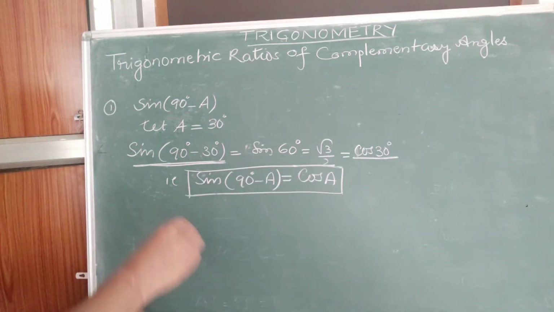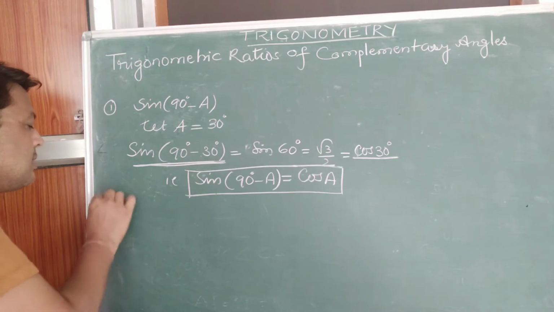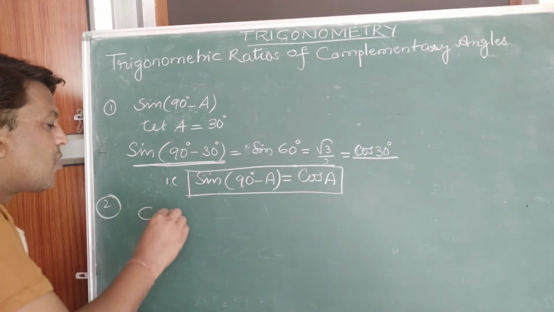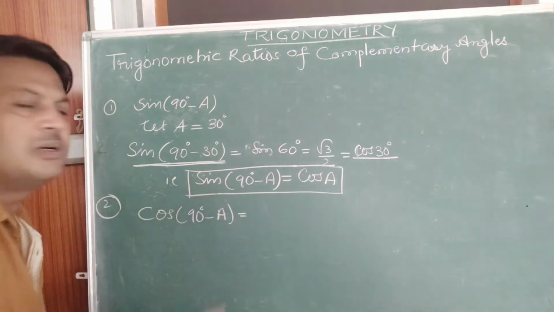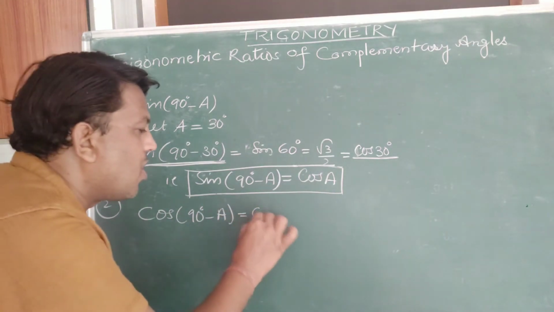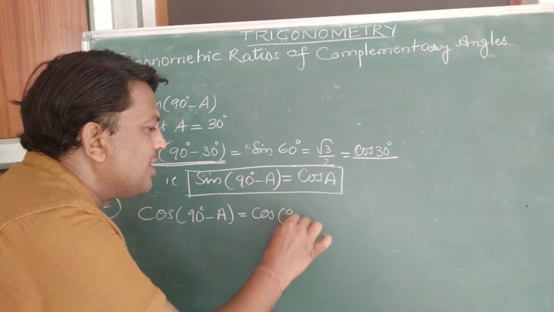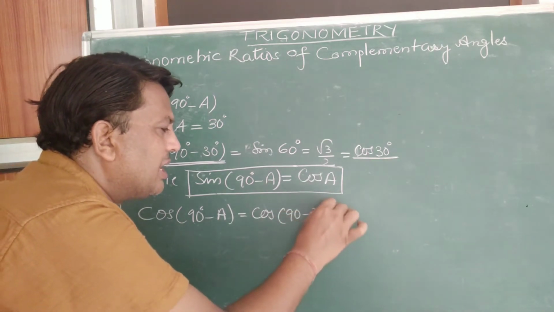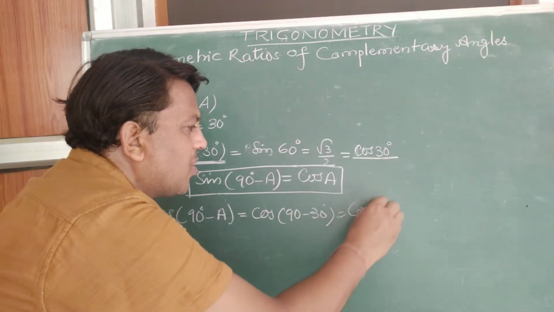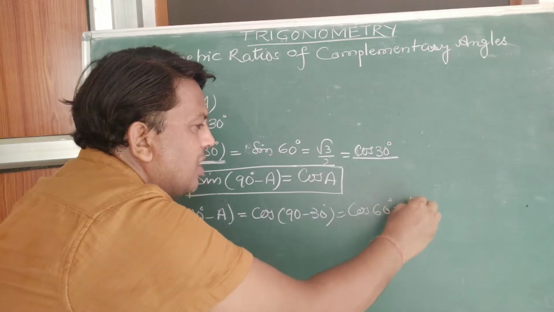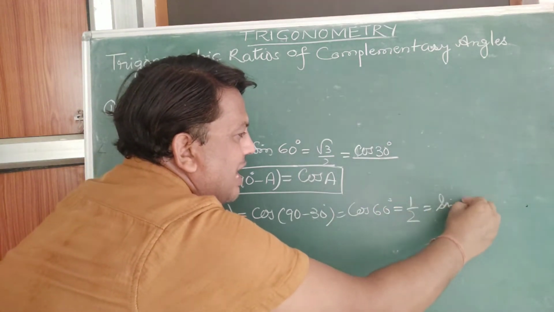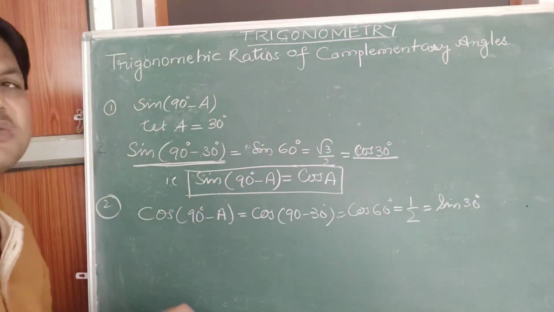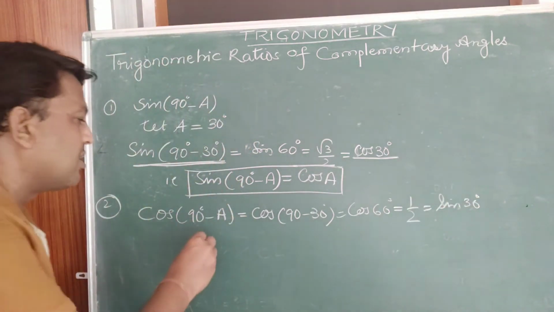Okay children. Now number 2. Similarly, cos 90 degree minus A is equal to, same way, cos 90 minus 30 degree is equal to cos 60 degree, and cos 60 is 1 by 2, that is equal to sin 30 degree, because 1 by 2 is the value of sin 30.